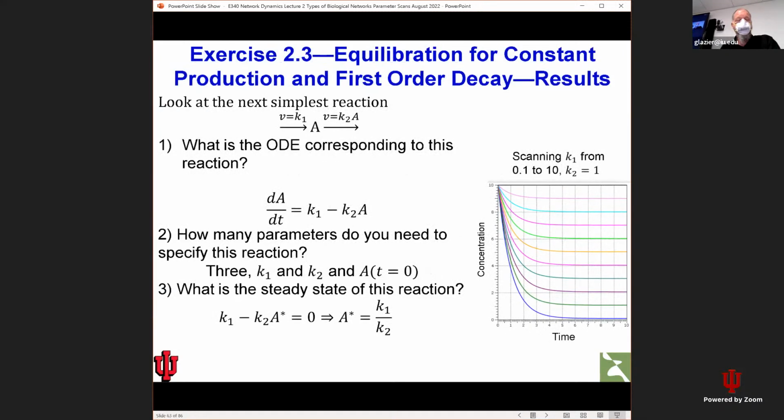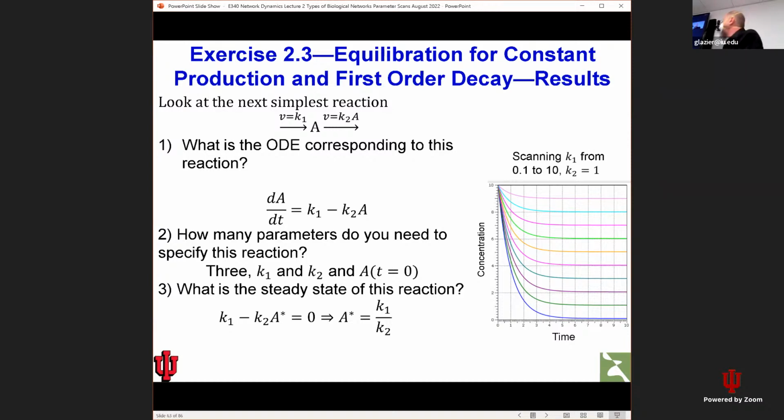Well, let's think about this together. The first thing I have is A is being produced at a constant rate. That means I have dA by dt equal to a constant, K1. A decays at a rate K2 times A, so A is being destroyed at a rate K2 times A. I don't have anything else in the problem.